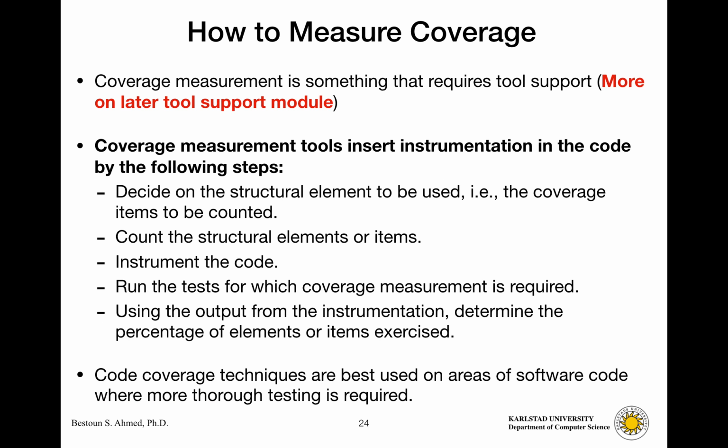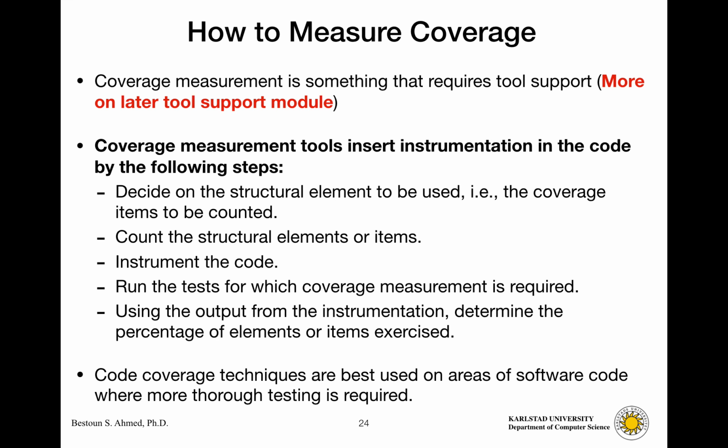Now, how to measure the coverage, that's tricky, because in software testing we don't use manual work, so you have to use some tool for coverage. And when you use tools, you have to do some work with that.